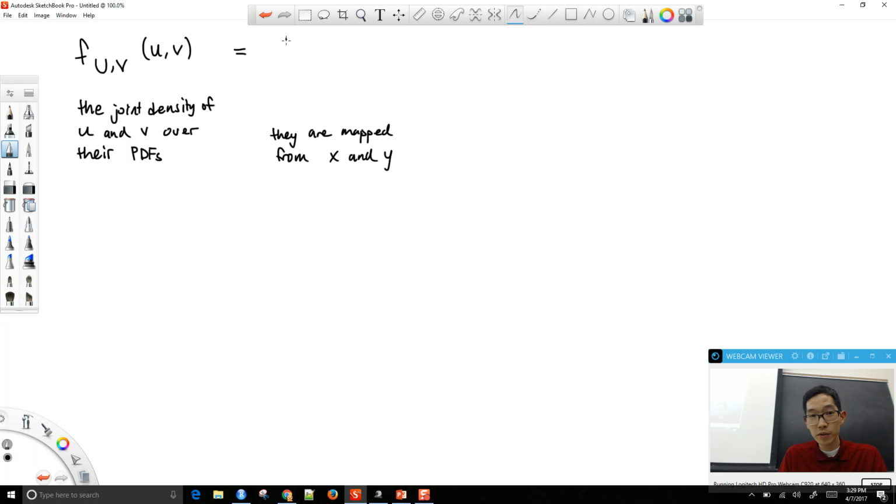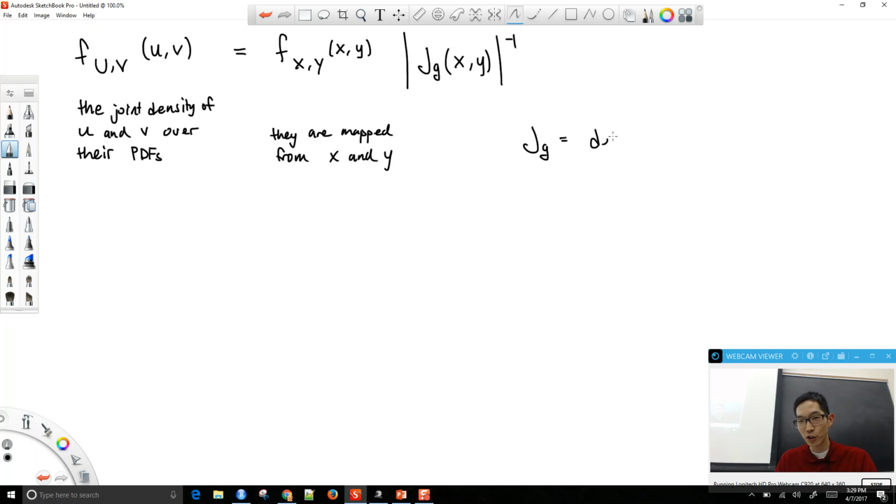Well, this is going to be the joint distribution of x and y over x and y's PDFs multiplied by the inverse of this. Maybe familiar, maybe never seen this before. That's okay. All right. And then this j sub g is the determinant of the Jacobian.